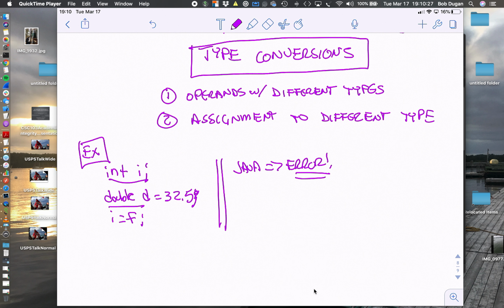Java says that's not cool. We're going to talk about the exact type of situation that we run into there in just a second, but Java can treat that as an error. C++, on the other hand, will let you get away with it. C++ is going to say that i is 32. So it's going to truncate that 0.5 and get rid of it.